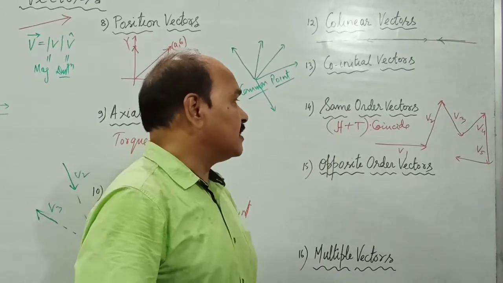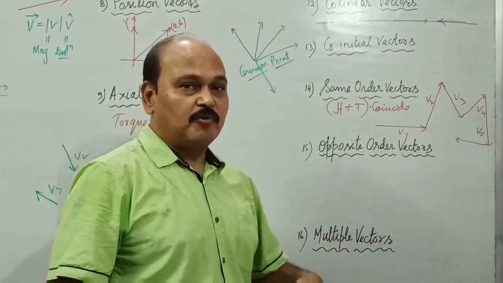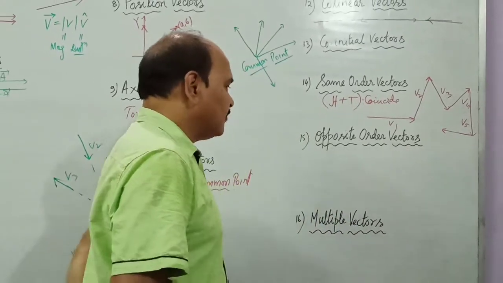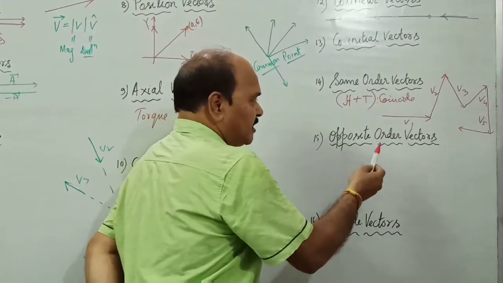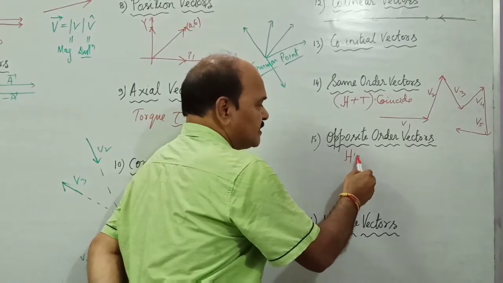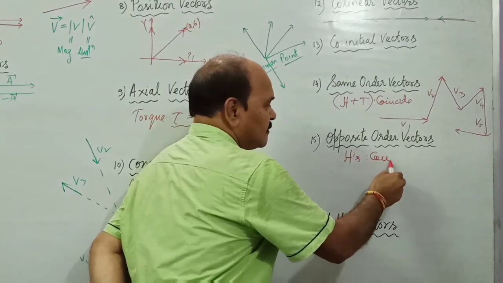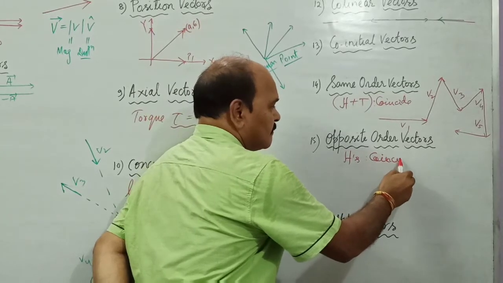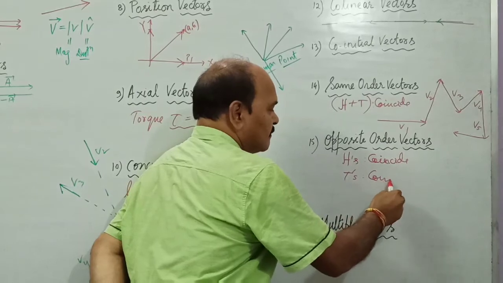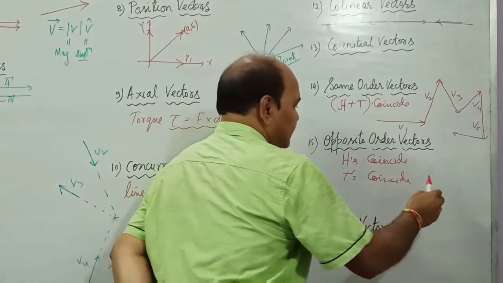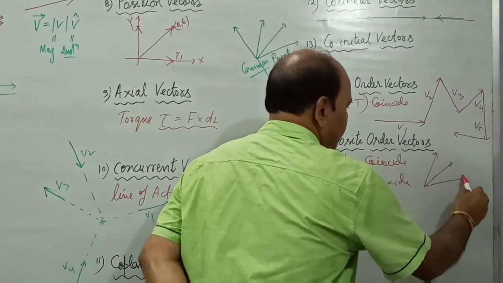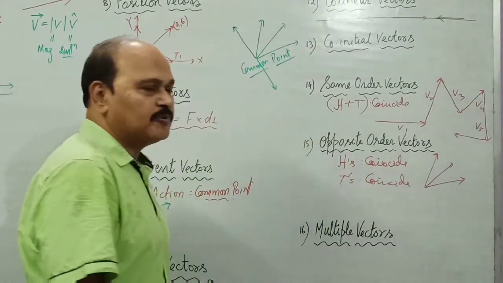Same order vectors and opposite order vectors both are going to be used in addition of vectors. What are opposite order vectors? Opposite order vectors are those vectors whose heads coincide or whose tails coincide. Like these, if these are co-initial vectors, all co-initial vectors are opposite order vectors.